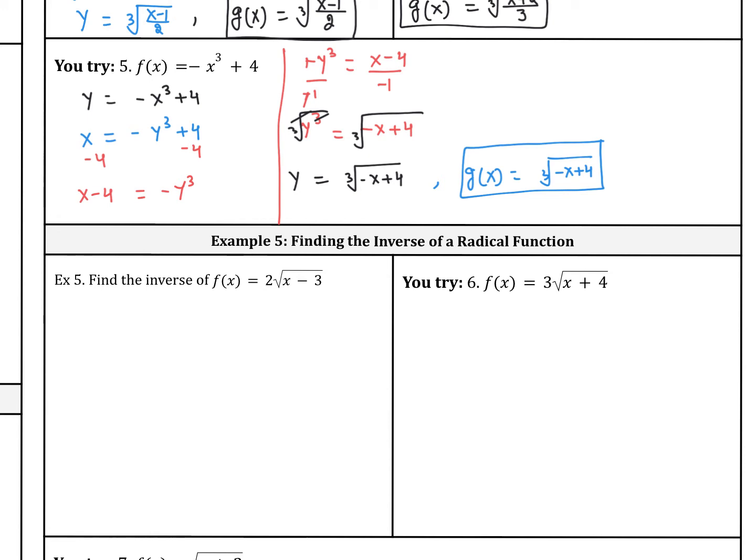Example number 5. Finding the inverse of a radical function. The steps are still the same, that you're going to put the f(x) as y. So that's going to be y equals 2 square root of (x minus 3). Then you're going to switch x and y.